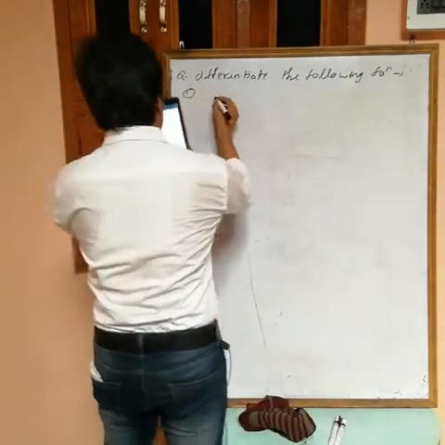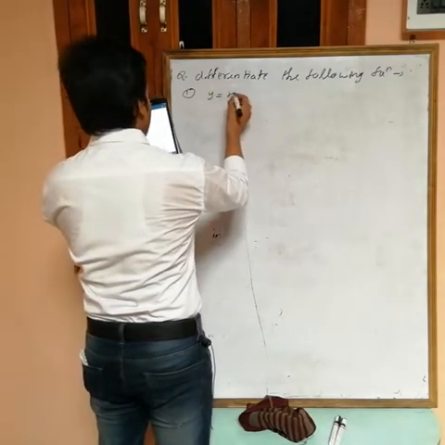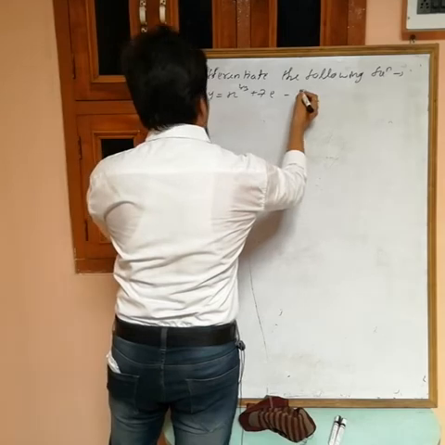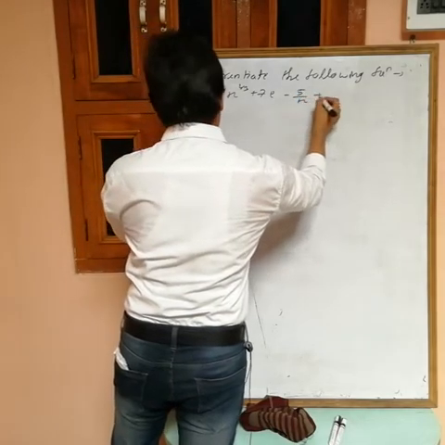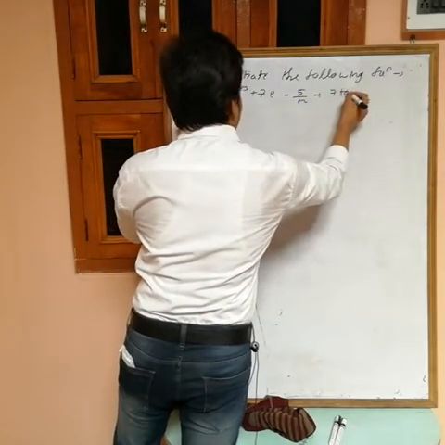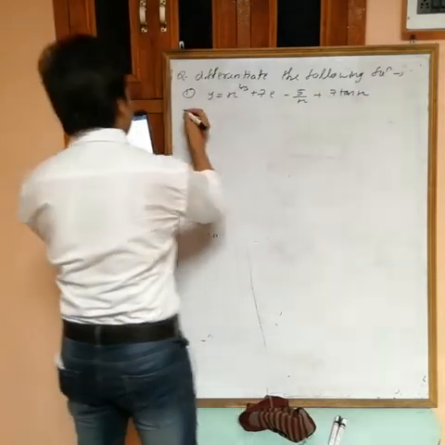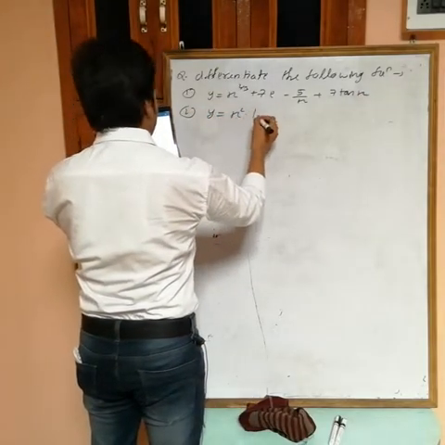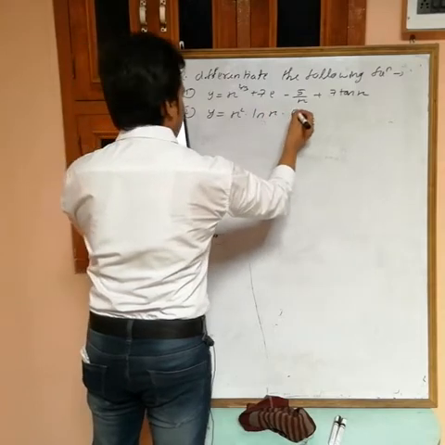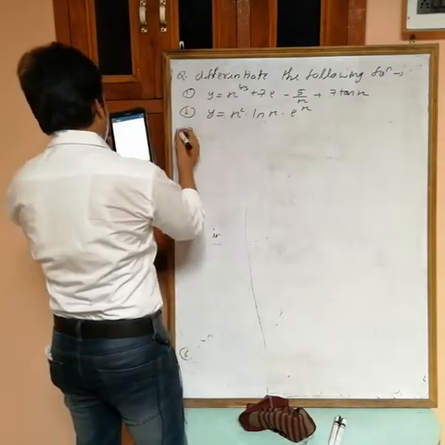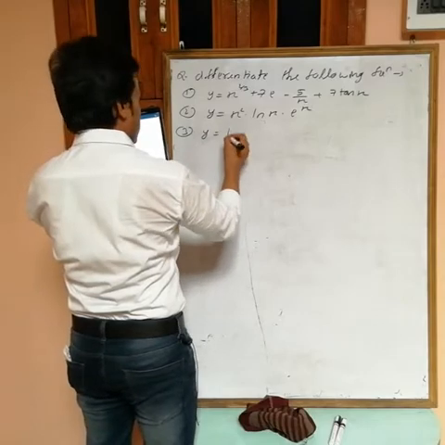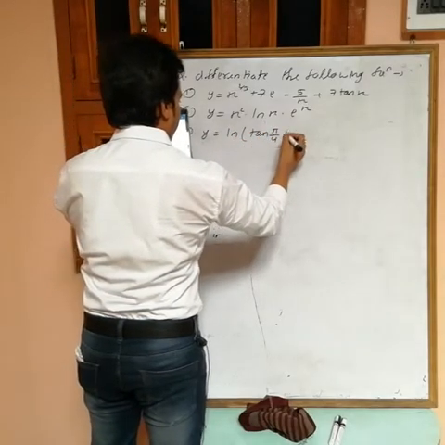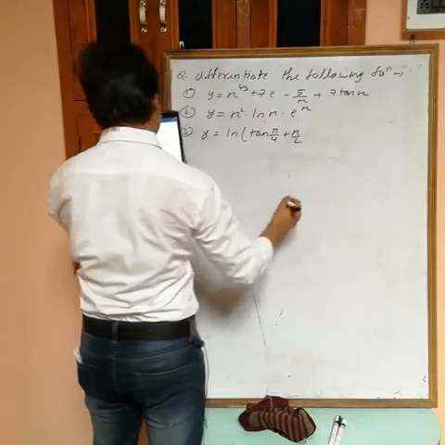First one, y equals x power 2 by 3 plus 7e minus 5 by x plus 7 of 10x. Second one is y equals x square into ln of x into e power x. And third one is y equals ln of 10 pi by 4 plus x by 2.